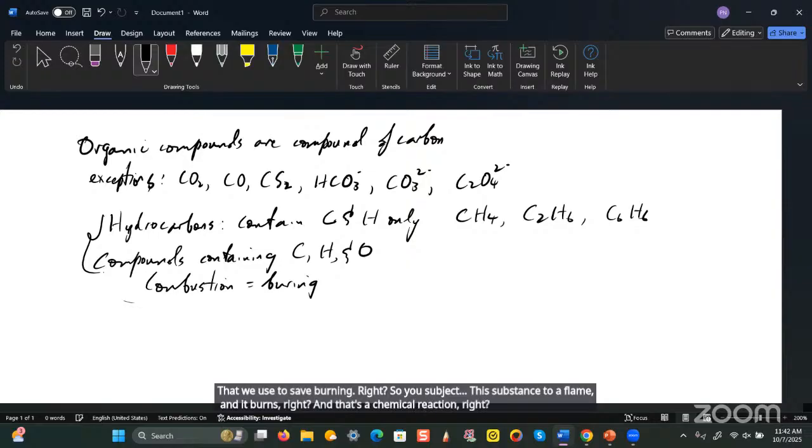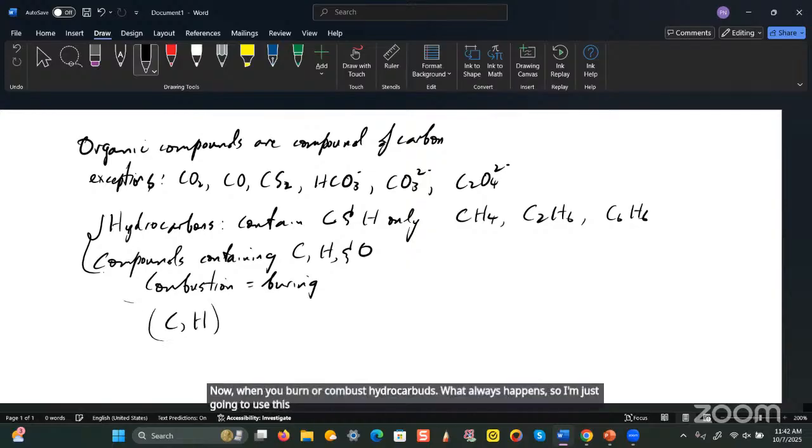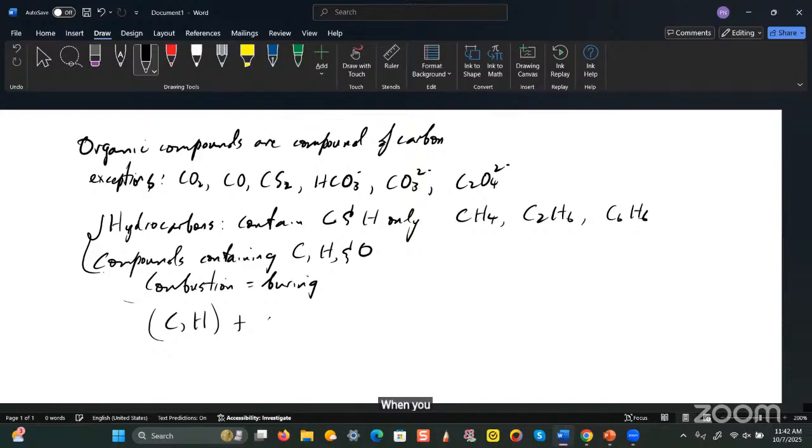Now, when you burn or combust hydrocarbons, what always happens, so I'm just going to use this to represent hydrocarbon, right? When you burn them in air, they react with oxygen, right? And the products will always be CO2 plus H2O, right? That's assuming that the combustion is complete.